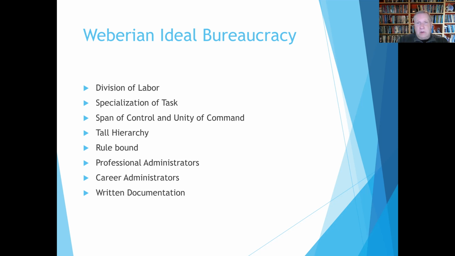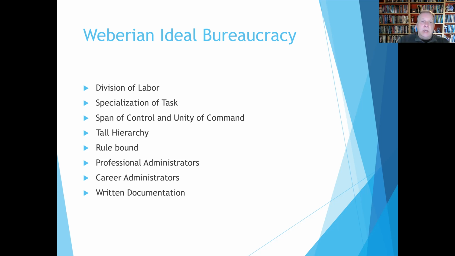By having this span of control, everyone knows to whom they are accountable as you move up the organizational chain. That is what's called unity of command. So you are responsible to this person above you, they are responsible to the person above them, who's responsible to the person above them, and so on until you get to the apex of your pyramid, which is the leader of the organization.